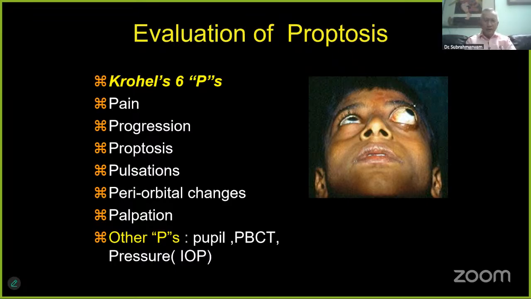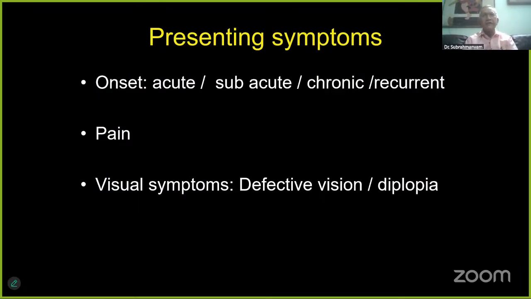Among these, pain and progression are in the history. Proptosis, pulsations, and periorbital changes are by way of inspection and palpation. But I would like to go more the way you present instead of sticking purely to the six P's or nine P's.